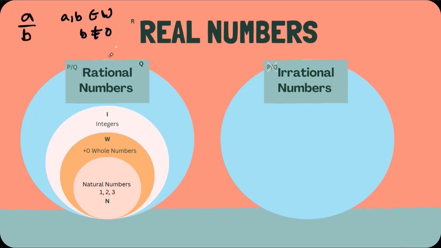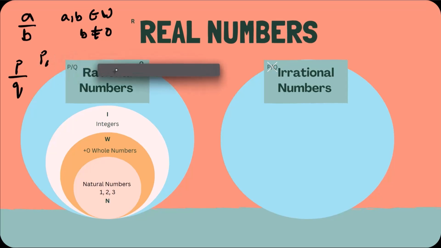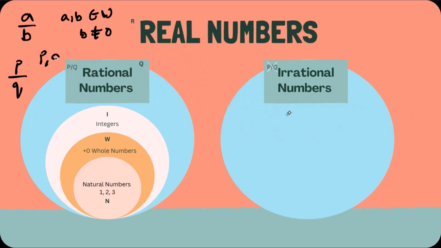Now, what are rational numbers? Rational numbers are those numbers that can be written in the form p by q. What do p and q belong to? Yes, integers, right? That is the difference. For fractions, they belong to whole numbers; for rational numbers, p and q belong to integers, and q is not equal to 0.